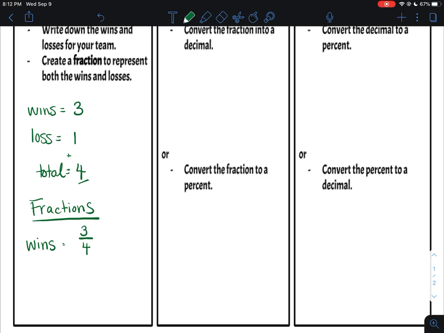They've won 3. So the fraction for the wins is 3/4. Okay? And same thing for the losses. They've lost 1 game out of 4 games. So the fraction for the losses is 1/4.